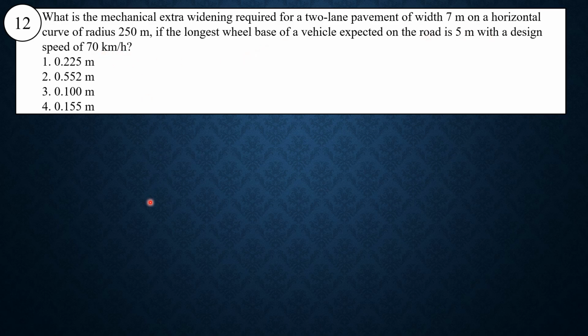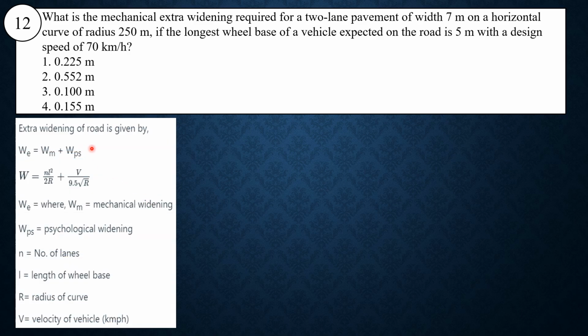So first, the formulas to calculate the extra widening are: WE is equal to WM for mechanical widening plus WPS for psychological widening. For mechanical widening, the formula is NL square divided by 2R, and for psychological widening the formula is V divided by 9.5 square root of R. So by adding the mechanical widening and psychological widening, we get the extra widening of road.